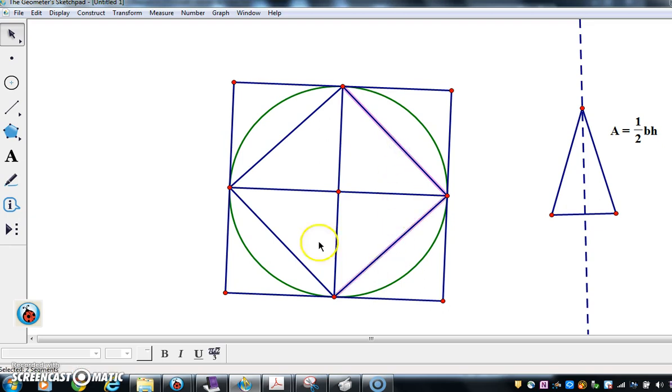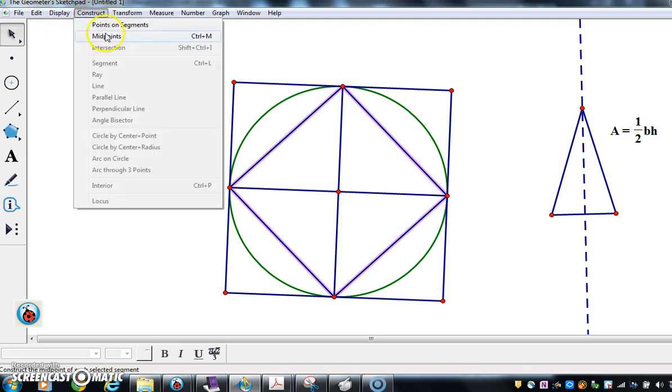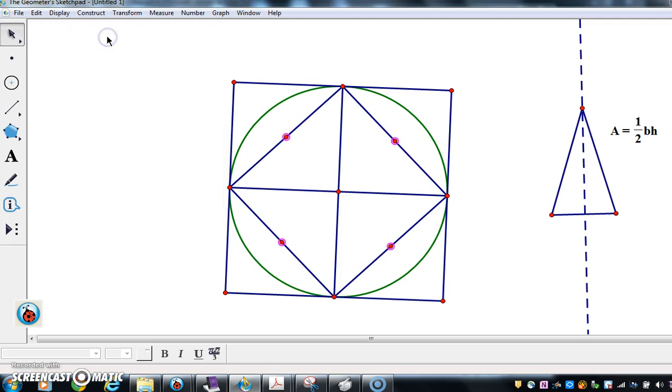So I'm going to highlight each of the segments inside, and I'm going to construct the midpoints. Then I'm going to construct the bisector. So I'm going to connect each one of those.